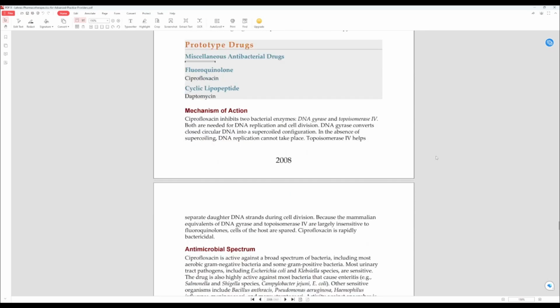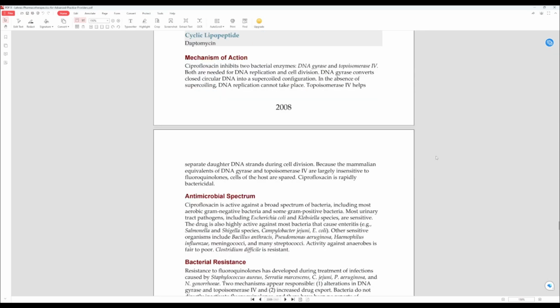So, how does it work? Its mechanism of action. Ciprofloxacin inhibits two bacterial enzymes, DNA gyrase and topoisomerase 4. Both are needed for DNA replication and cell division. DNA gyrase converts closed circular DNA into a supercoiled configuration.